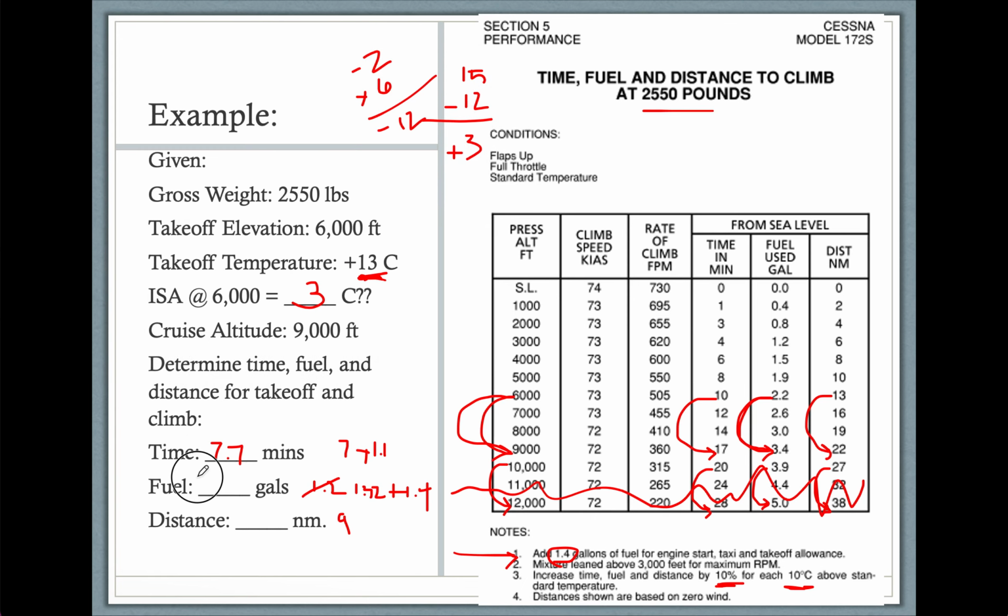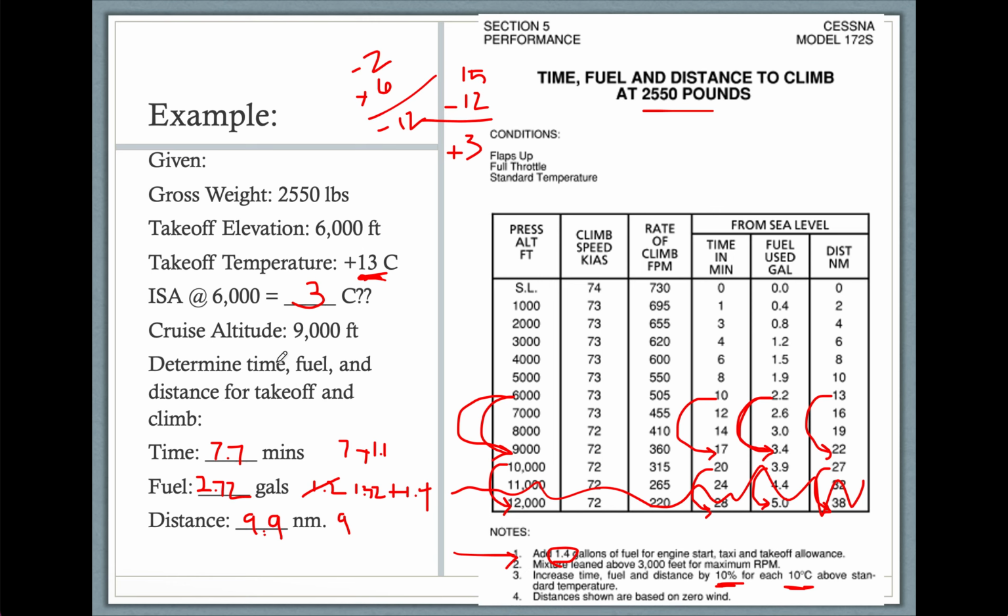It actually takes me 2.72 gallons. And that's to take off at 6,000 feet, use 1.4 gallons for taxi, start, and run up and take off. And then once I'm in the air, it's going to take me another 1.32 gallons to get there. So fuel would be 2.72, and the distance would be 9 times 1.1 is 9.9 miles. So there's your answers for this chart.